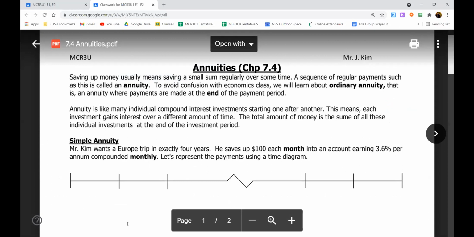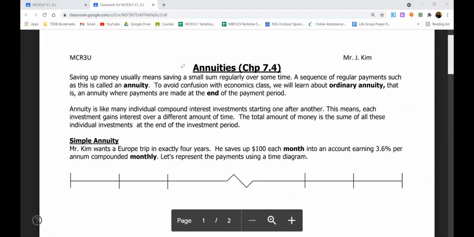In case you are taking economics, I don't want you to be confused with the economics course, so this is what we are going to call an ordinary annuity. If you're not taking economics, don't worry too much about the word. Just know that we're making the payments at the end of each period.